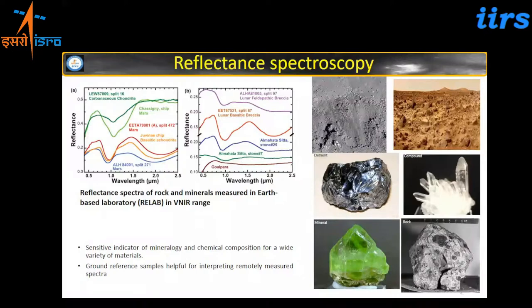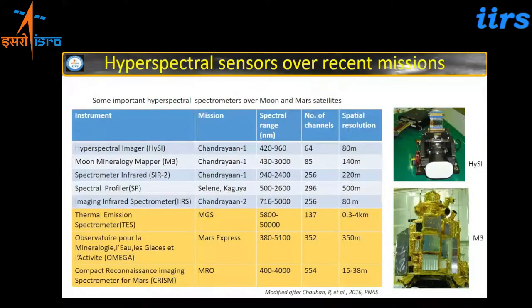Now coming to the various hyperspectral sensors on board Moon and Mars missions from India and various other international agencies. These are the important hyperspectral sensors. This is the Hyperspectral Imager on board Chandrayaan-1, having a spectral range of 420 to 960 nanometer with 64 spectral bands and a spatial resolution of 80 meter.